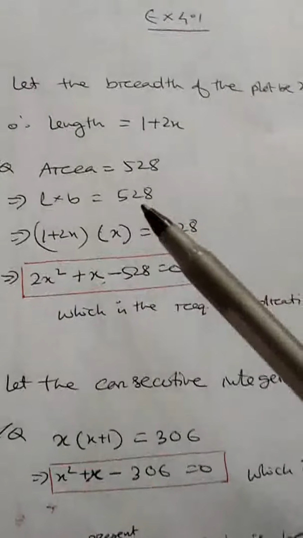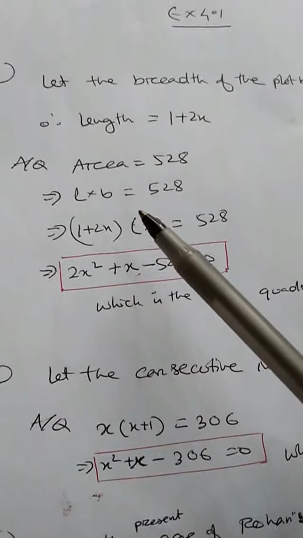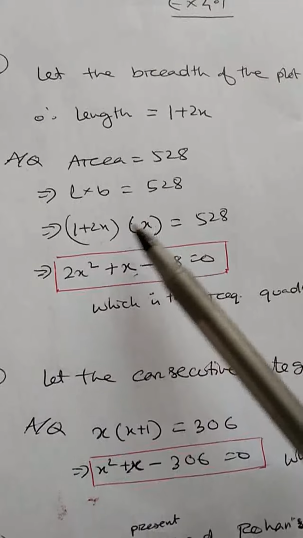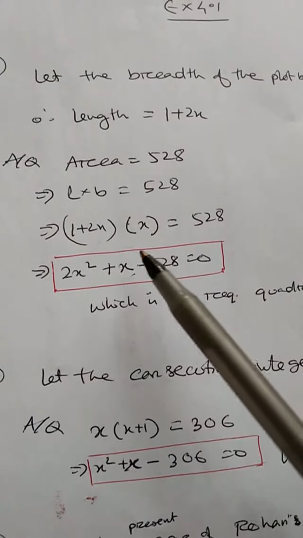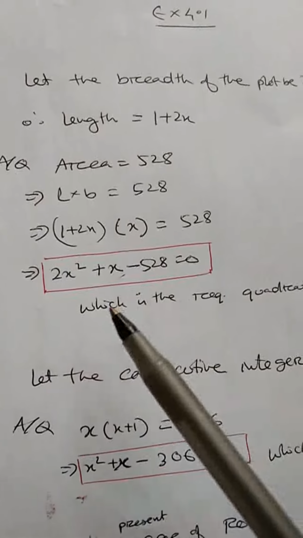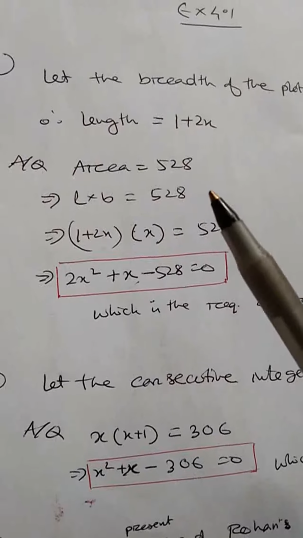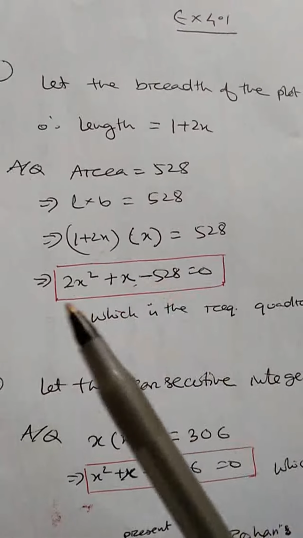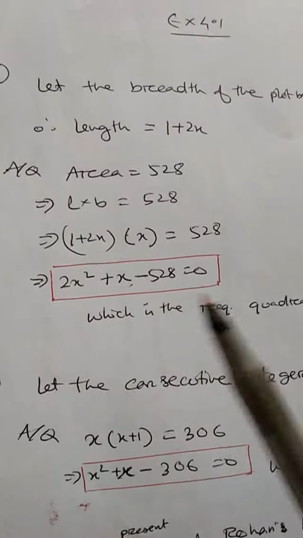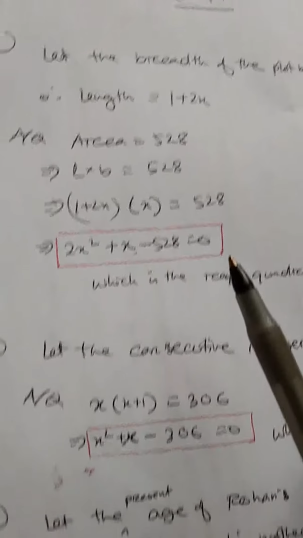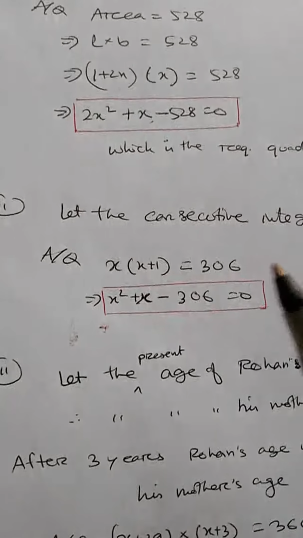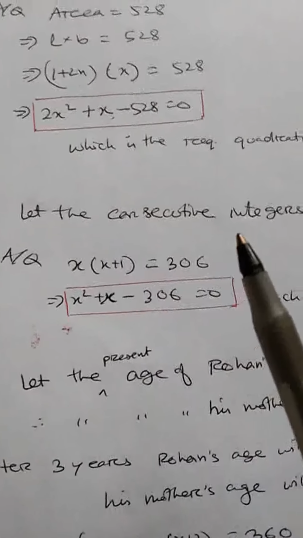So area of rectangle is L into B. So multiplying this, we have got the expression and which is the required equation. Here as per the question, we have only to make the quadratic equation. So this will be the answer. Second question is about the consecutive integers.